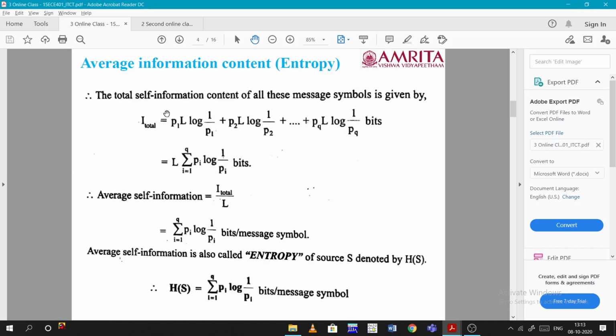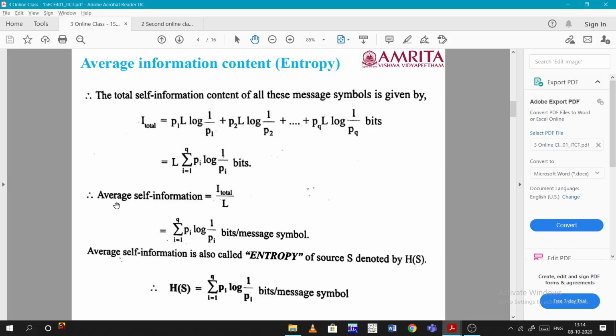Coming to the total self information, we add all of those: P1 into L log 1 by P1, plus P2 into L log 1 by P2, and so on, the last one being PQ into L log 1 by PQ. This gives us L into the sum, sigma i equals 1 to Q, of Pi log 1 by Pi bits.